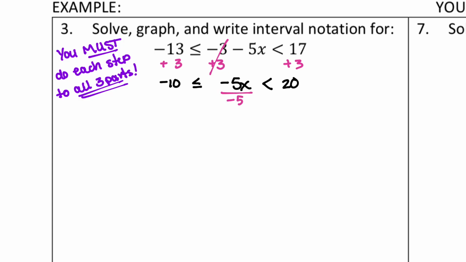If I do it on one, like the purple stuff says, you have to do it on all three. So this cancels, I get x. Over on this side, two negatives give me a positive, and it's a 2. On this side, positive divided by a negative is a negative. Because I divided by a negative, I have to flip every one of the signs.